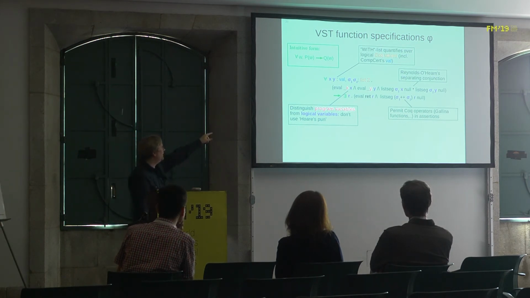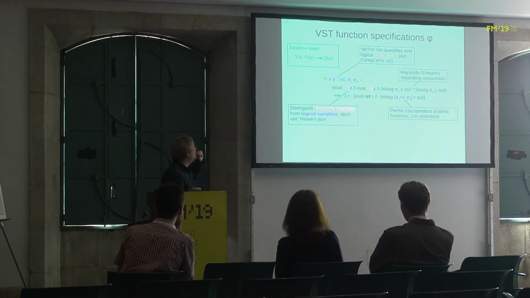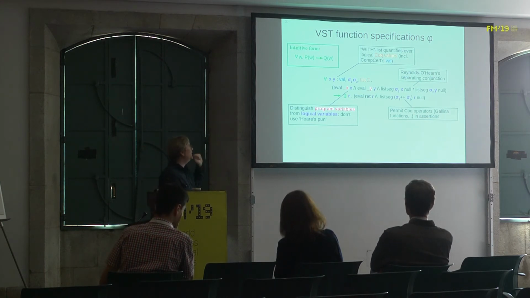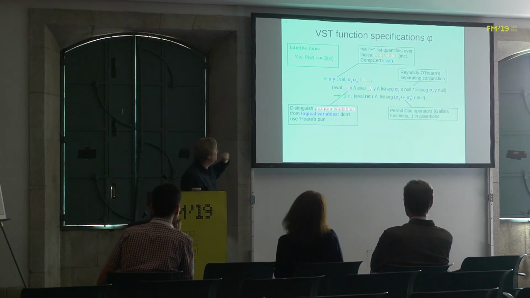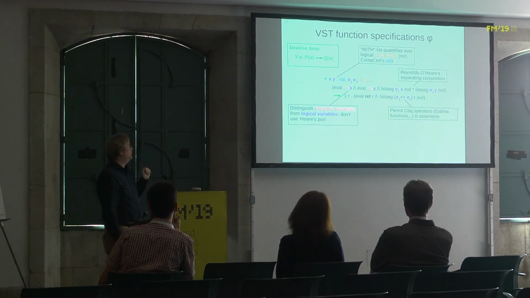So essentially this says there is a value x here in purple, which is in the precondition the result of evaluating the program variable underscore x in red, and similar for y. And then the rest of the precondition and the postcondition will only refer to these values, x and y, but no longer to the program variables.